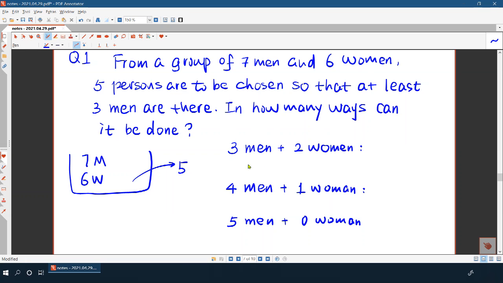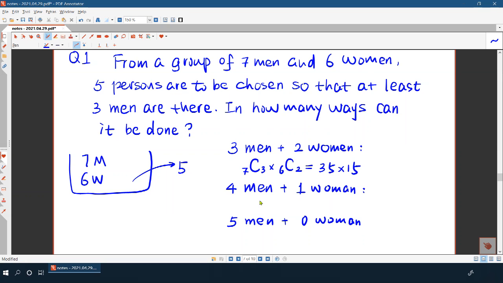For the first option, how many ways can we do this? There are 2 steps, right? First step is to pick 3 men out of 7. Second step is to pick 2 women out of 6. According to the rule of product, we multiply these 2 numbers together, which is 35 times 15.